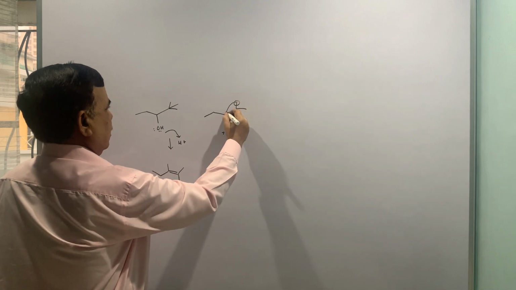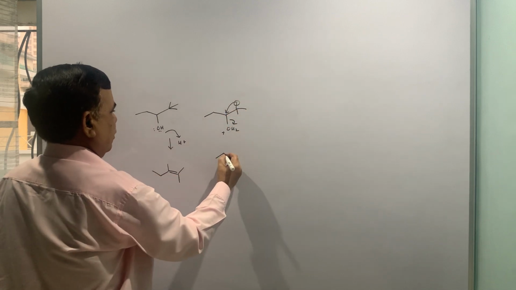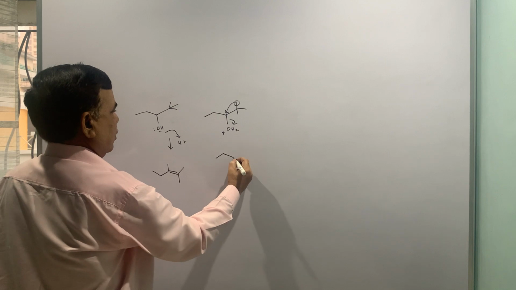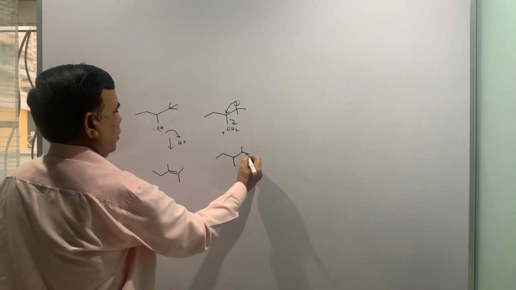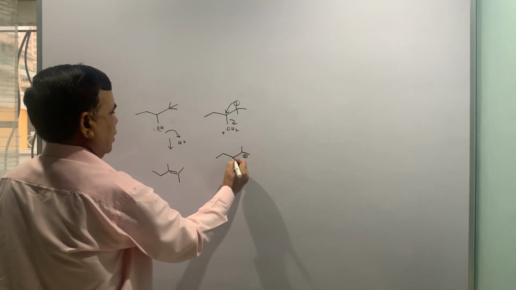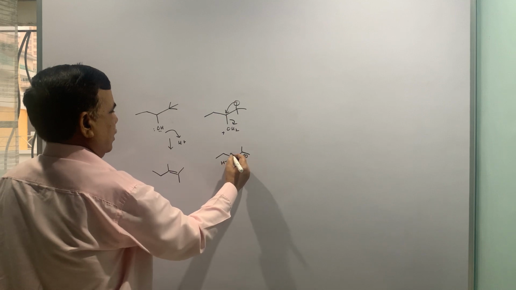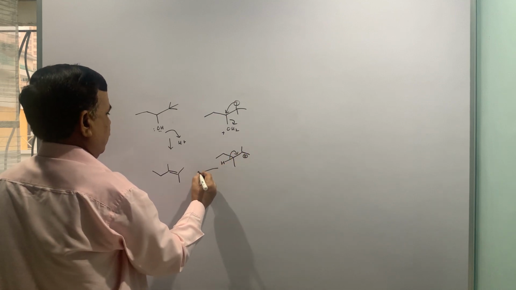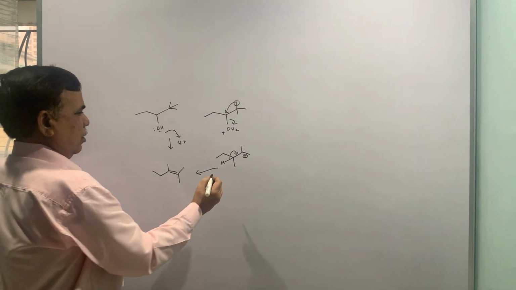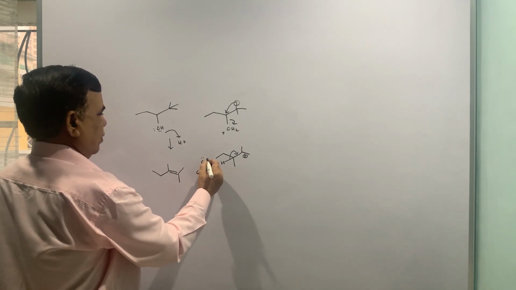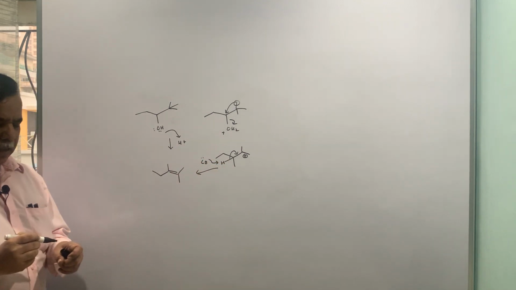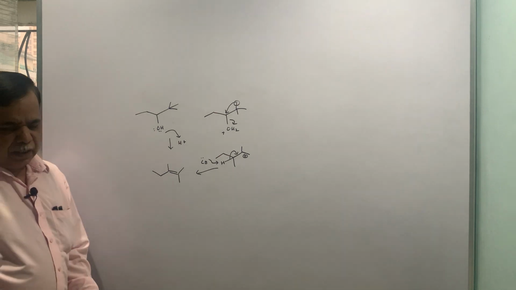One of the methyls shifts here, this goes off. This becomes plus, and finally the loss of proton will give you this. Now the loss of proton is to the conjugate base. That is how the final compound is formed.